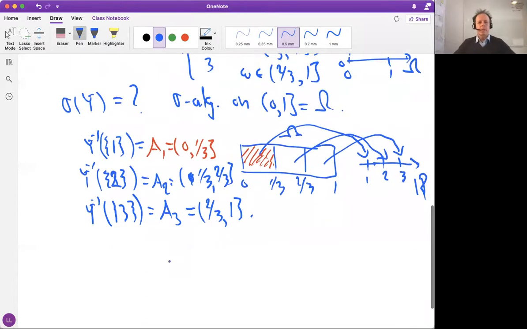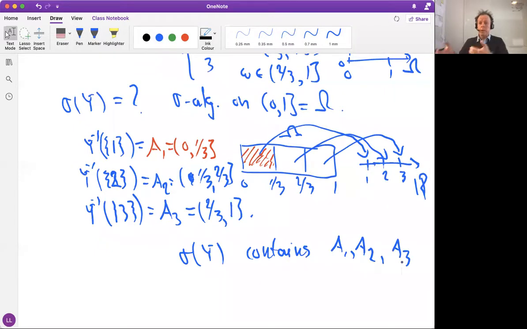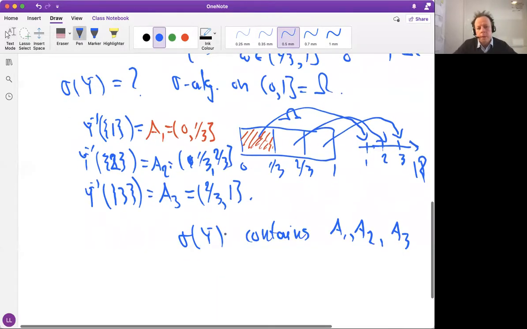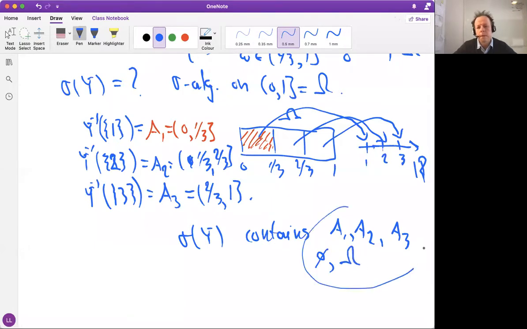So now we know that sigma Y contains A1, A2, A3, because it must contain all the pre-images. What else does it contain? Well, because this is a sigma algebra, it contains the empty set and it contains the full set, omega.